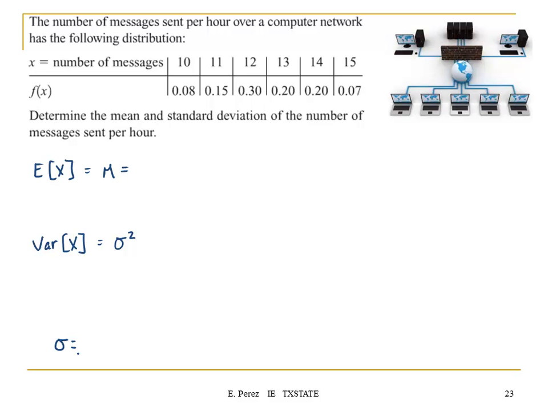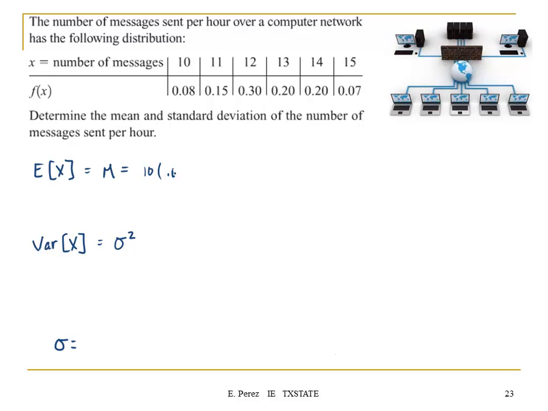Okay, so let's discuss the problem. I guess the first part should be really easy, straightforward. The expectation: you look at the value of the random variable times the probability, and you sum each outcome times its probability.